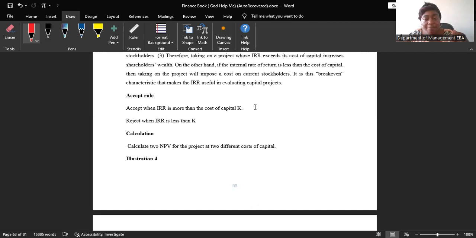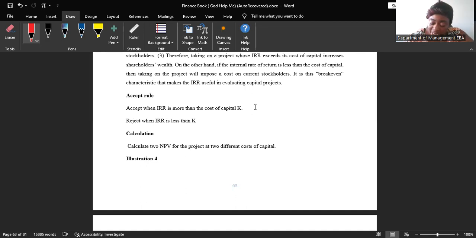Let's say the project you are going to finance, you are going to finance it with either debt, equity, or a combination of them. Now we are saying that the cost of that capital should be less than the internal rate of return, so that you get something on it. So if the internal rate of return is more, we say accept it.